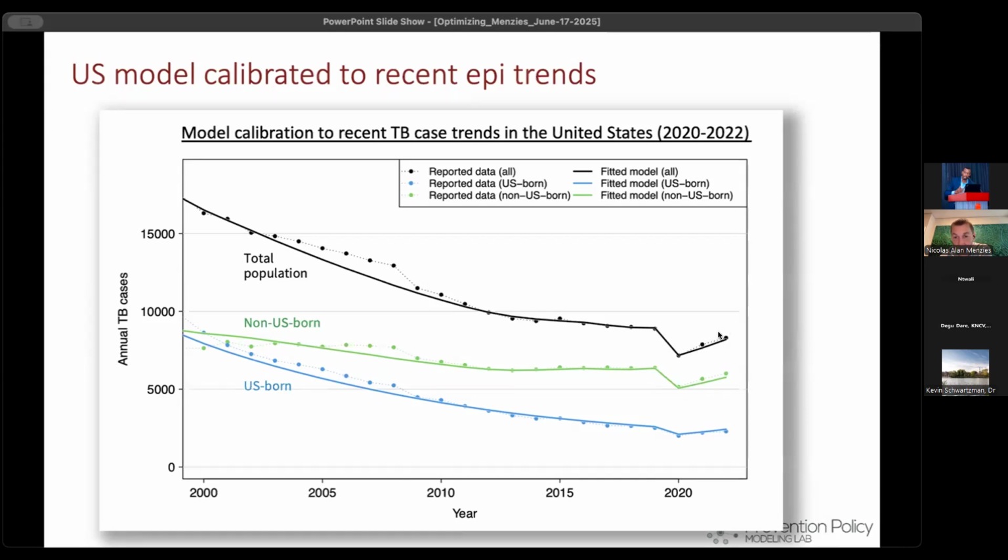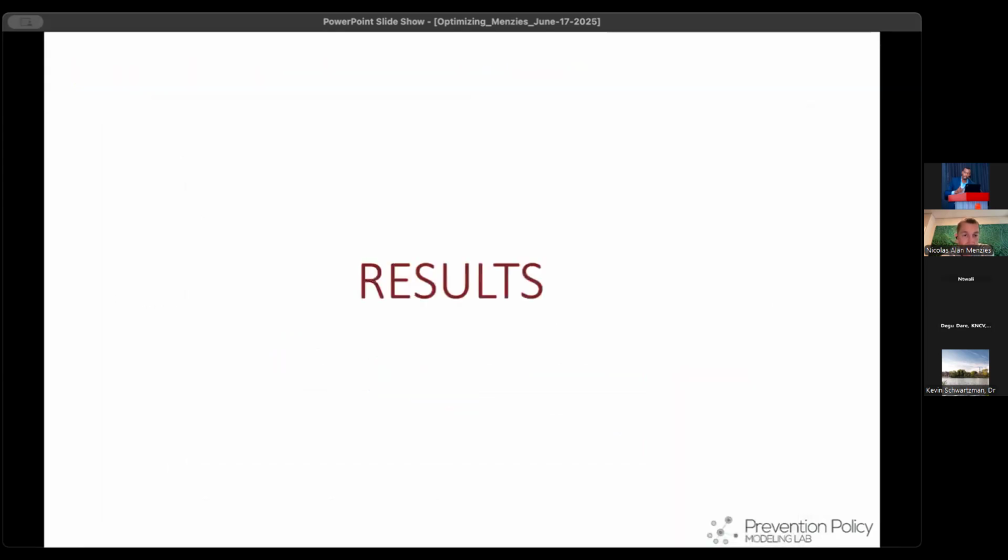As I've mentioned, this recovery is now substantially higher than it was pre-pandemic. We saw this drop in non-US born and in US born individuals, affecting things in the same way. So essentially, we calibrated all these models to the data we had, and then used them to examine the different scenarios which I described.